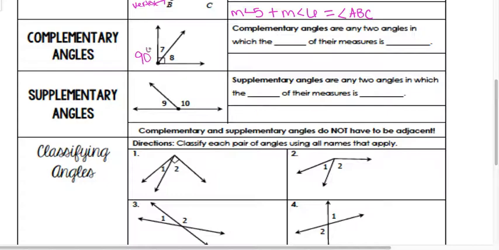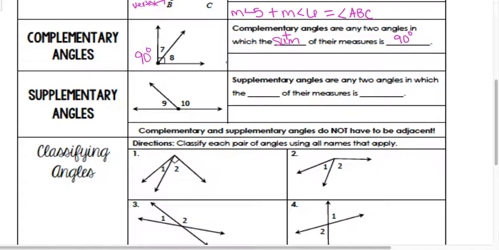Remember that little box there tells us 90 degrees, which is what type of angle? It's a right angle. Complementary angles are any two angles in which the sum, and remember that sum means that you're adding, of their measurement is 90 degrees.